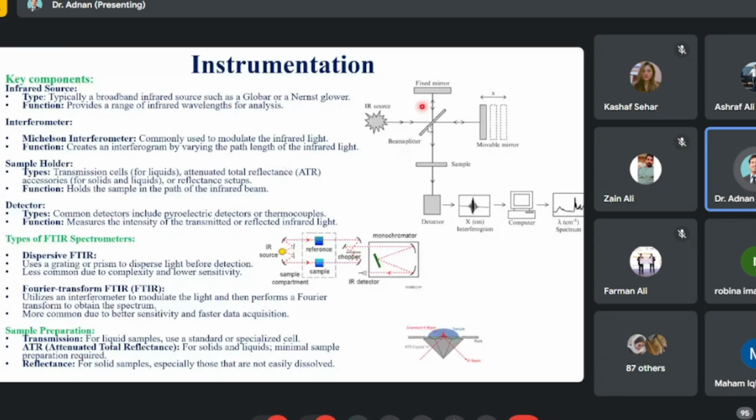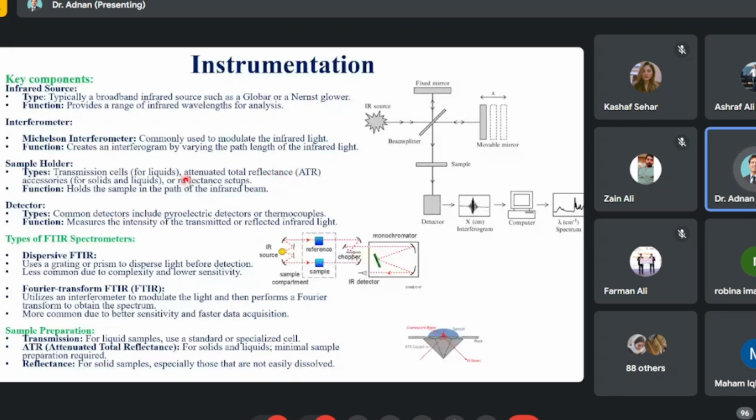So this mirror is moved up and down, and with that the wavelengths are recorded. It also has a sample holder, that is typically transmission cells for liquids, or an ATR kit, attenuated total reflectance, for solid or liquid samples.